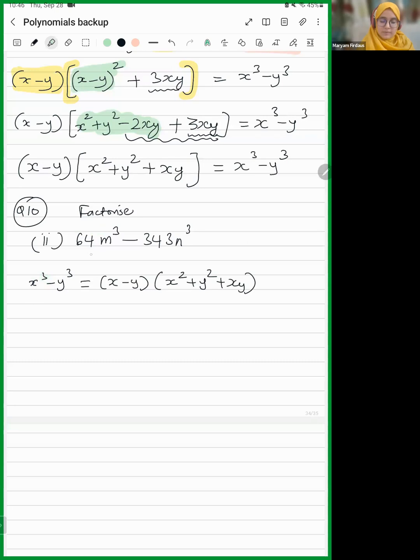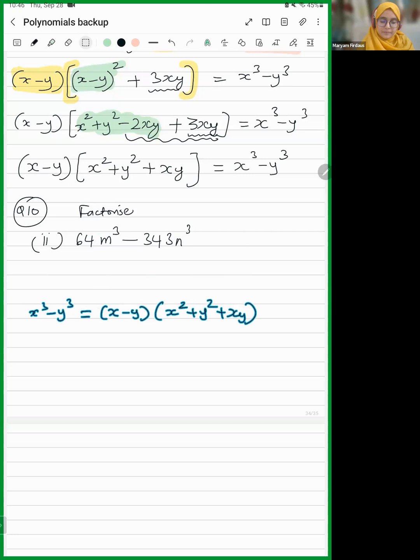So 64m cube can be written as what cube? I think 4m whole cube. Okay, because 4 4s are 16, 4s are 64. Minus 343 can be written as 7 7s cube, 7n whole cube.